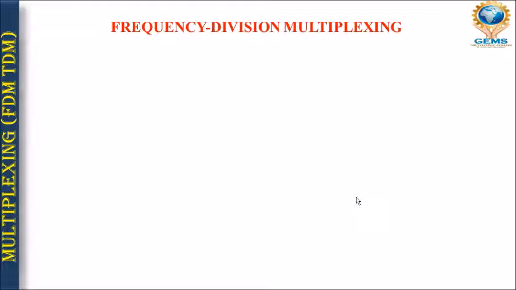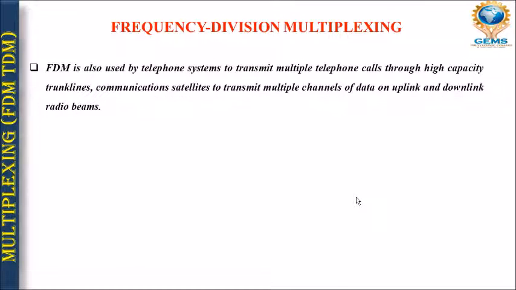Next, FDM can also be used in the telephone system. Basically it was used in your telephone system to transmit multiple telephone calls through high capacity trunk lines. Basically, the initial use of frequency division multiplexing was in the telephone communication system. And in communication satellites, to transmit multiple channels of data on the uplink and downlink of the radio beams.